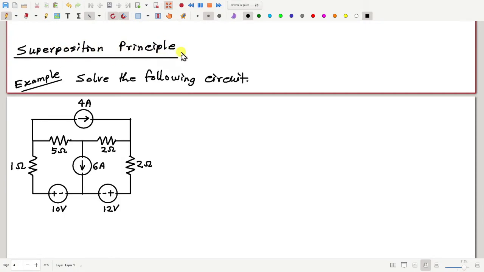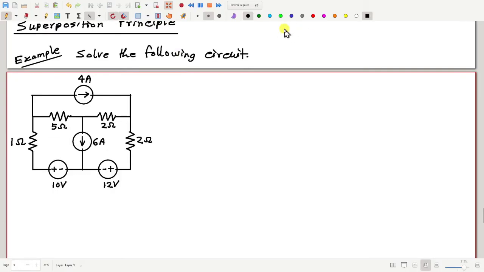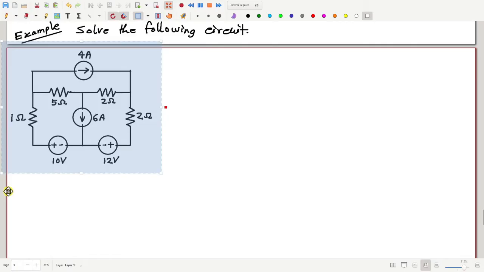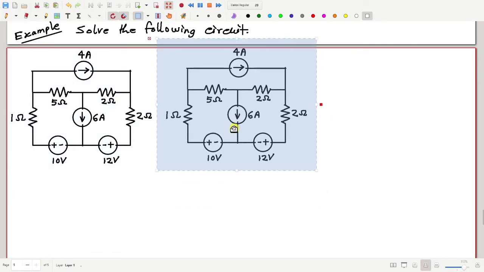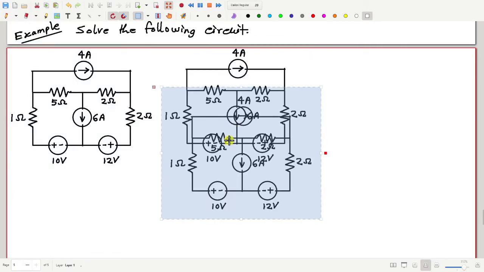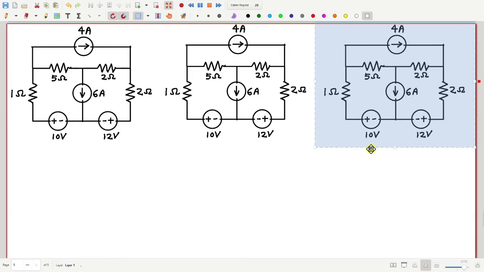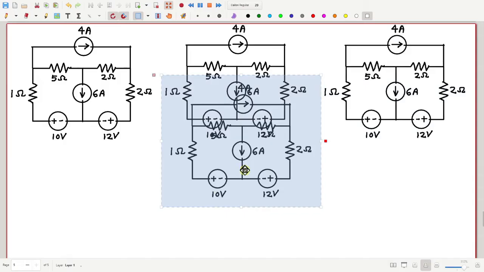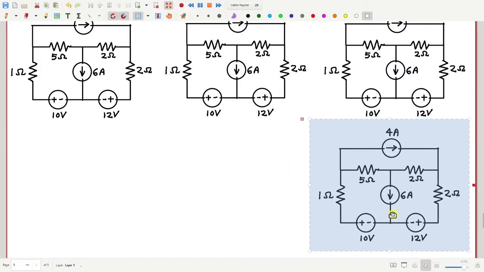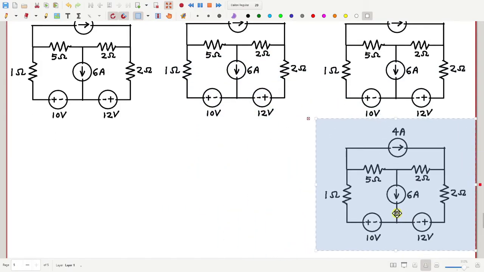What I will do is make several copies of this original circuit. Copy and paste. Let me make several copies.